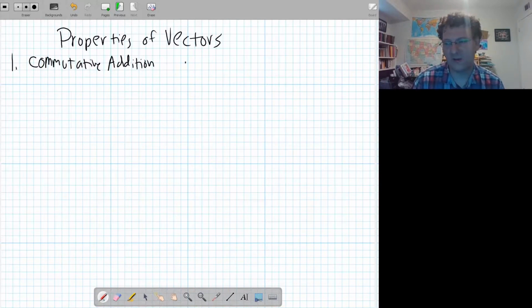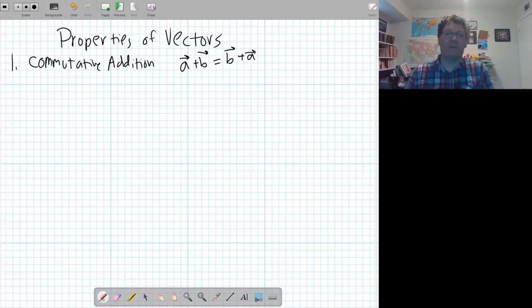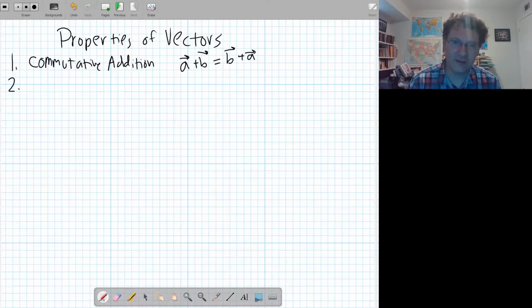So vector A plus B is going to be equal to B plus A. All right, because when you're just adding them component-wise, and components are real numbers, therefore the addition property of real numbers applies to the components, right?